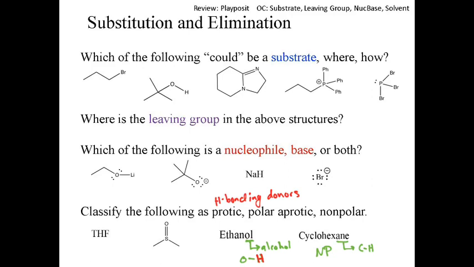THF also protic because it has an H for bonding. So we have to be careful on that. When you say THF, it has an H there. Does that H refer to hydrogen? It's the short name for the chemical. So what is THF? Tetrahydrofuran.